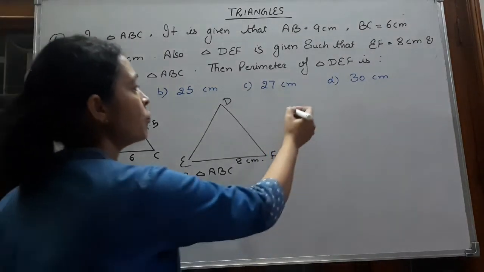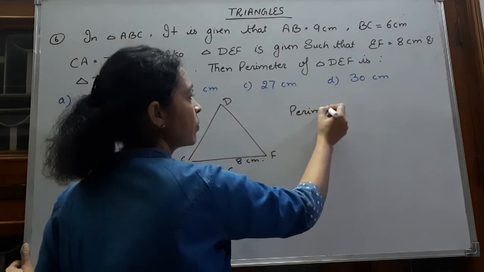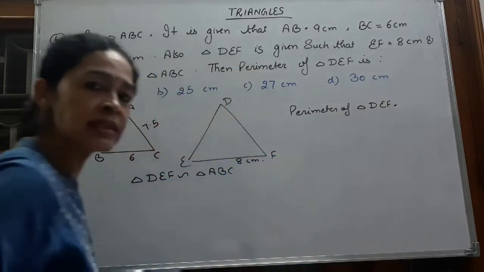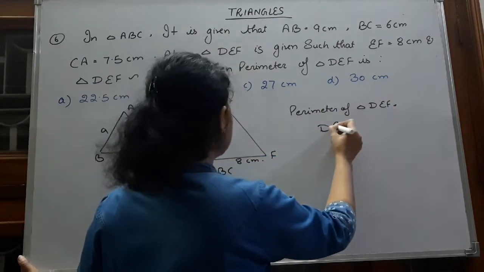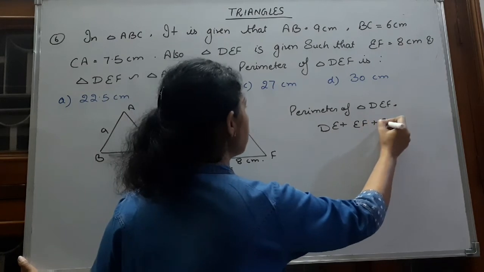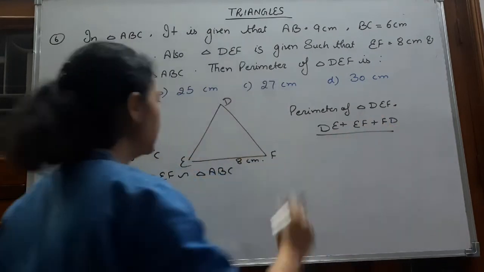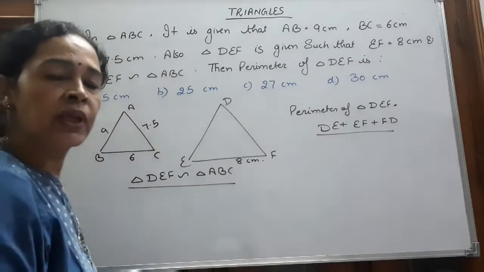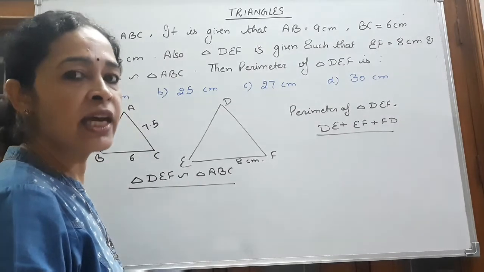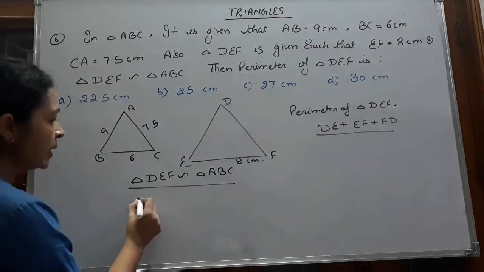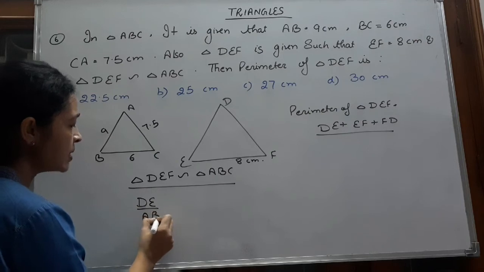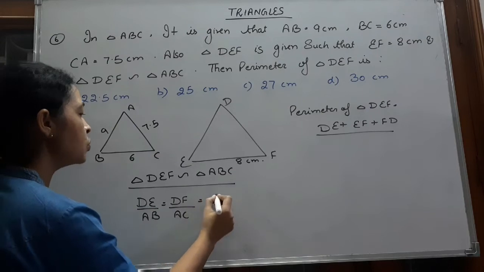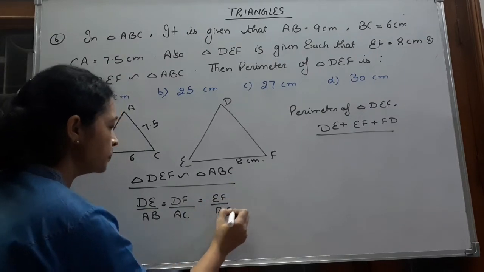What is the perimeter of triangle DEF? Perimeter of a triangle is the sum of all the sides. So we need DE plus EF plus FD. We know only EF, but we know that both the triangles are similar. If two triangles are similar, their sides are proportionate. So DE upon AB equals DF upon AC equals EF upon BC.